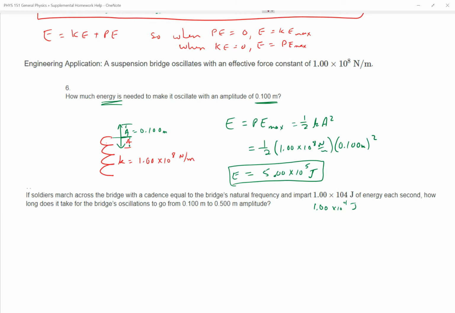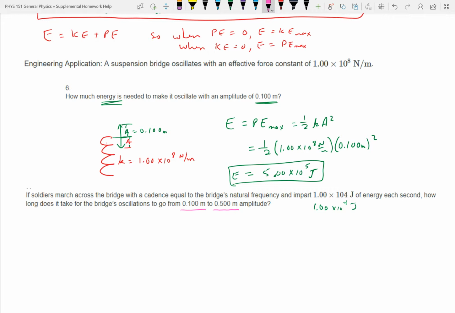Oscillations. We want to go from 0.1 meters in amplitude to 0.5 meters in amplitude. So if the amplitude is changing, what else is changing? Frequency? The frequency isn't dependent on amplitude.